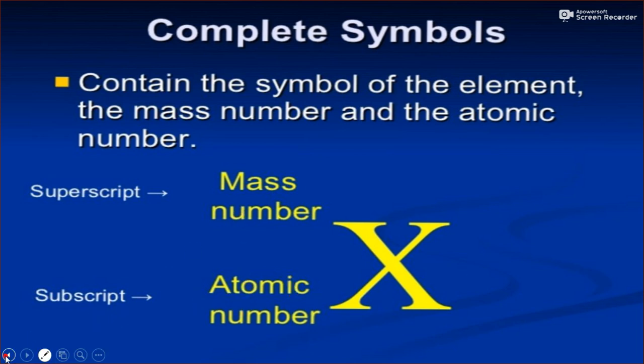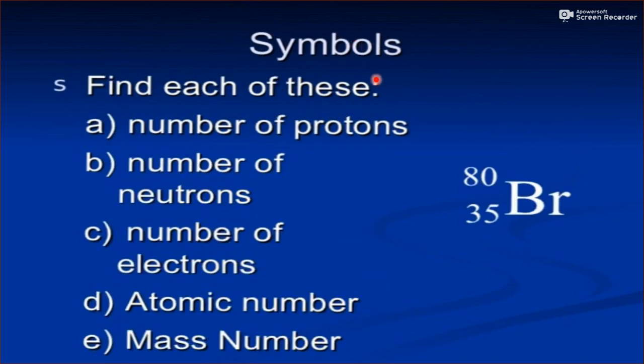Let's see some examples related to atomic number and mass number. Find each of these. This one is the symbol. 80 is at top and 35 is at bottom. So the number of protons, as we know, this 35 is the atomic number and protons are equal to the atomic number. So how many protons are there? 35 protons. Number of neutrons.